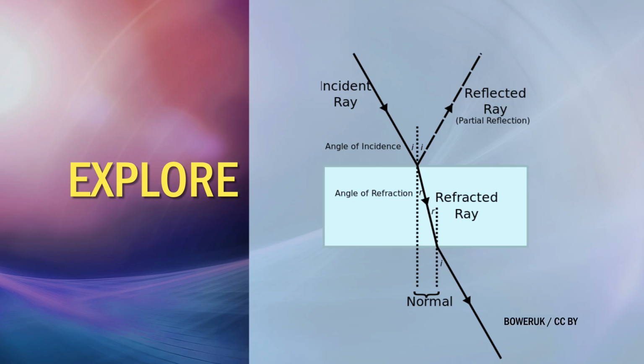A very famous experiment which is suggested in all secondary level classes is the experiment of a glass slab, where you ask your students to put it on a white paper. You can use a glass slab or a prism, whatever you want.